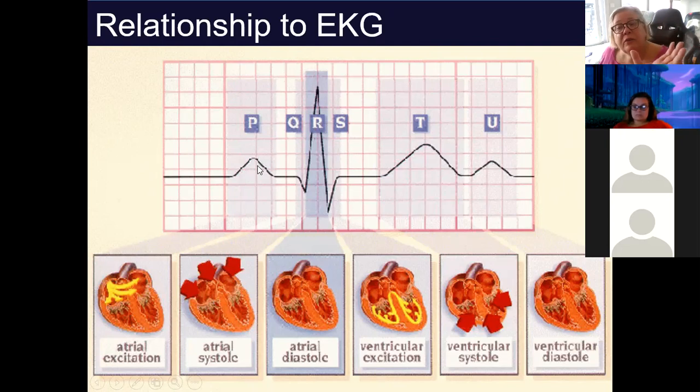If in whatever lead you're looking at, the normal P wave is downward deflecting, then your normal T wave should be downward deflected also. If it is upright, that is a flipped T for that lead.